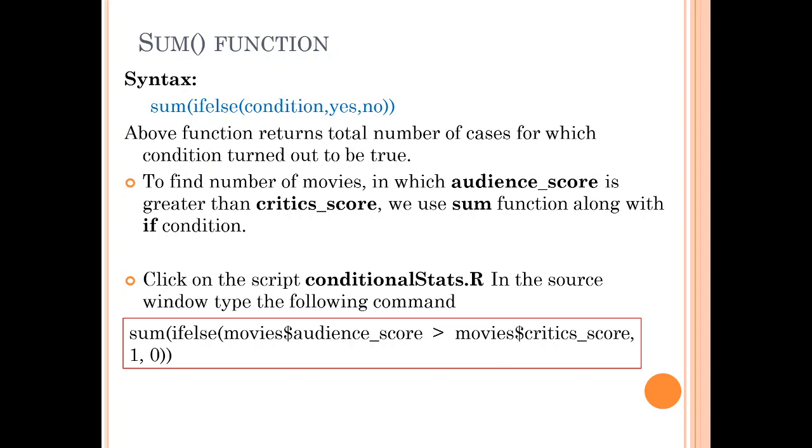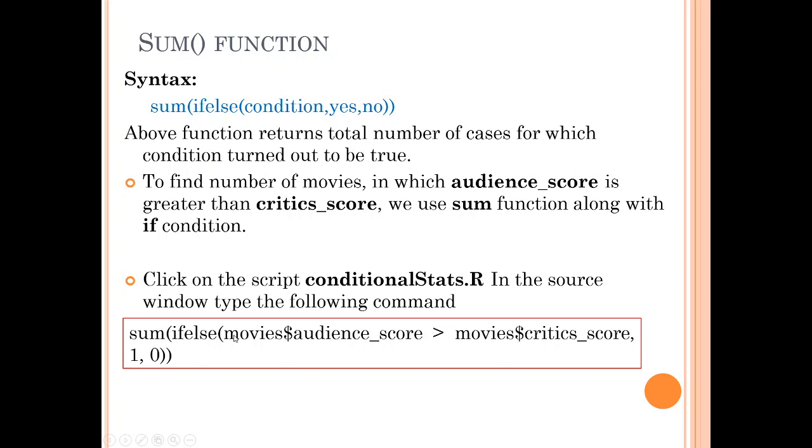So now if I want a summary or a final figure of how many times audience score was more than critic score, I can use this sum function. So now again, this is the code.